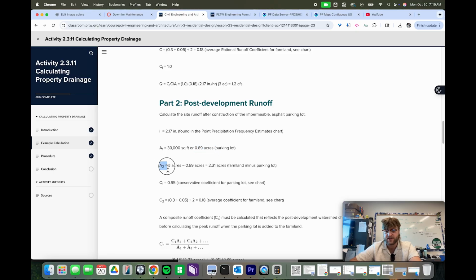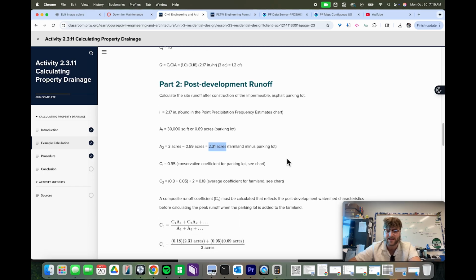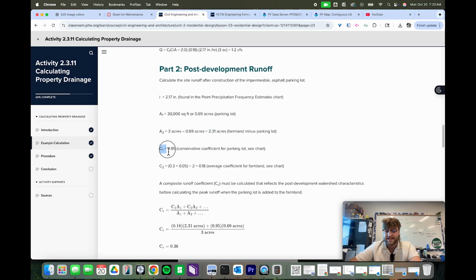So area 2, this is the area of the farmland, right? And so since we're putting 0.69 acres of the parking lot onto this 3-acre lot, we're going to take 3 acres minus 0.69, and that will end up giving us the remaining acreage of the farmland. So it's 2.31 acres.